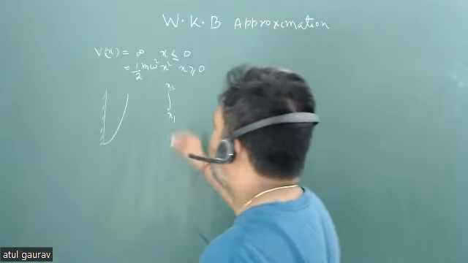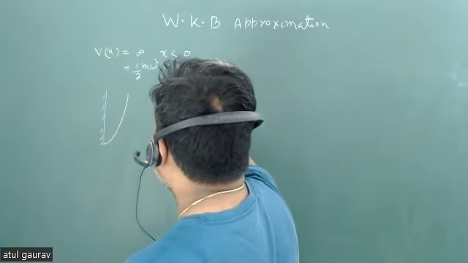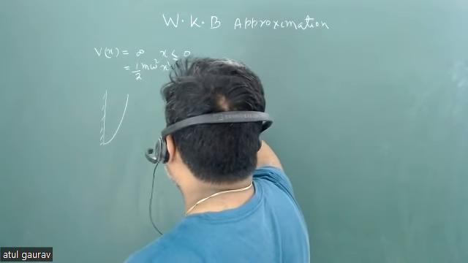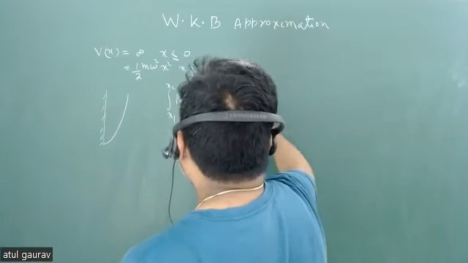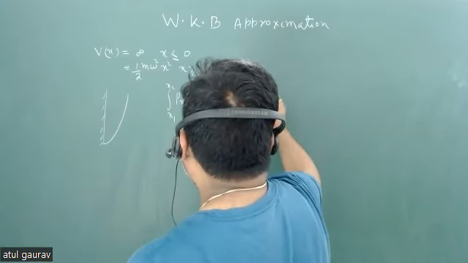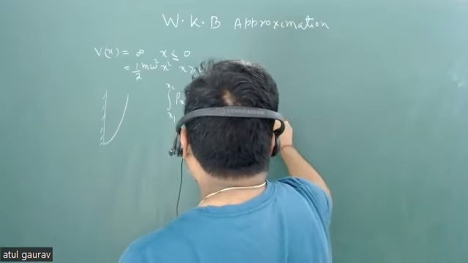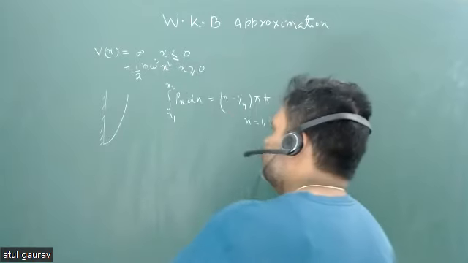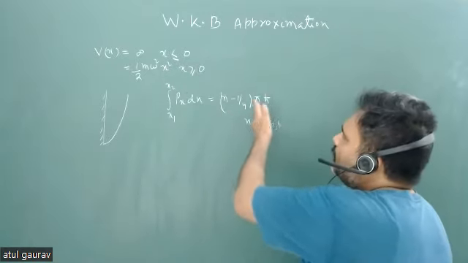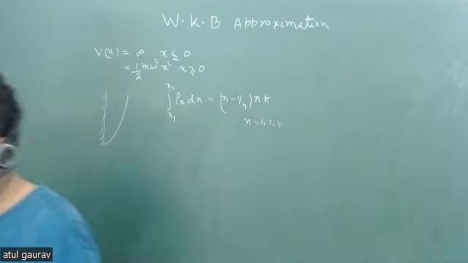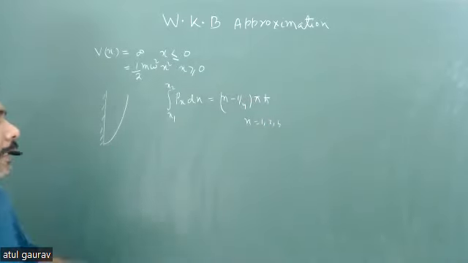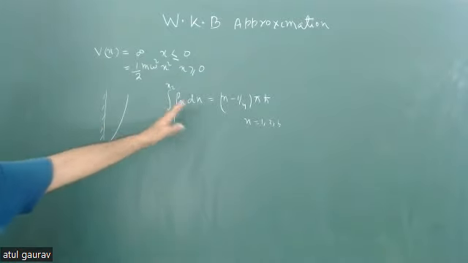The quantization condition is ∮ p_x dx is equal to (n minus 1/4) π ħ, and here we will go for n = 1, 2, 3 and so on. In some books, it is also given as n plus 3/4, then n will run from 0, 1, 2, 3 and so on. So it will depend on which boundary condition or which quantization rule you are using.